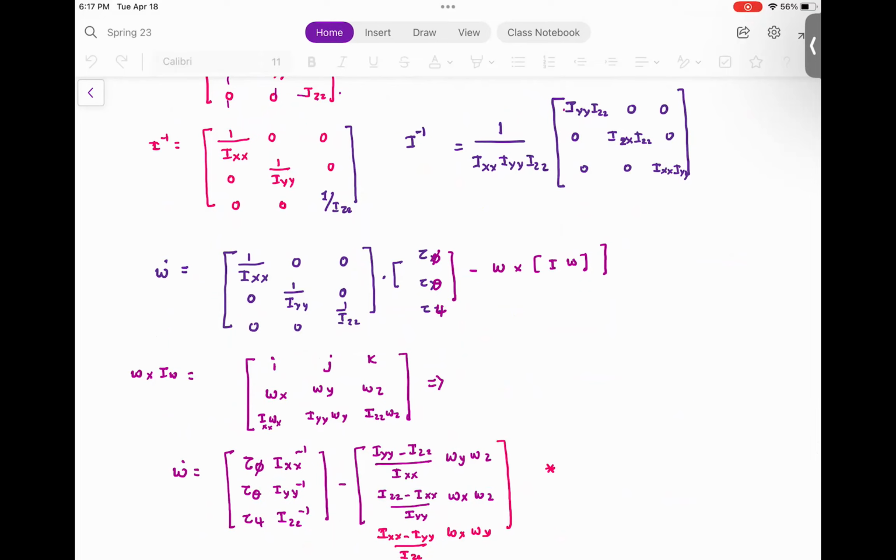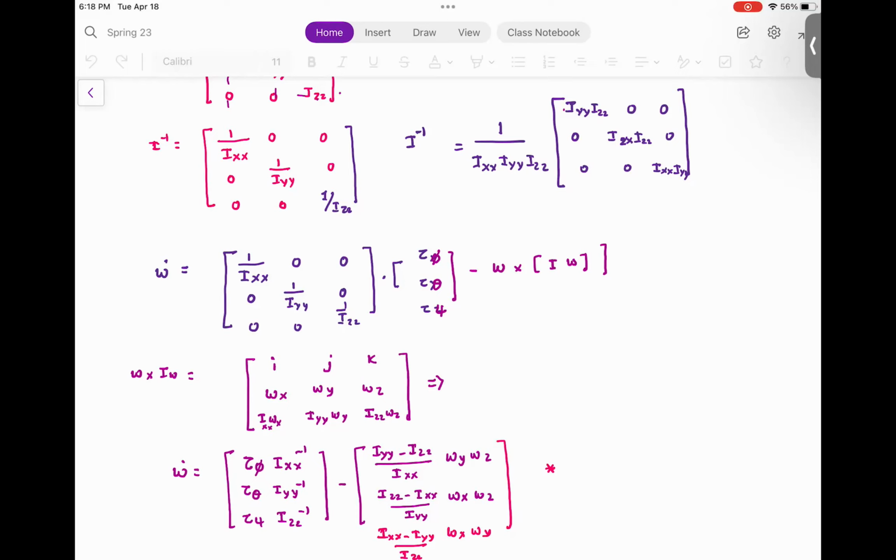Omega is a vector. I omega is also a vector. So omega is omega x, omega y, omega z, and I omega is Ixx omega x, Iyy omega y, Izz omega z.